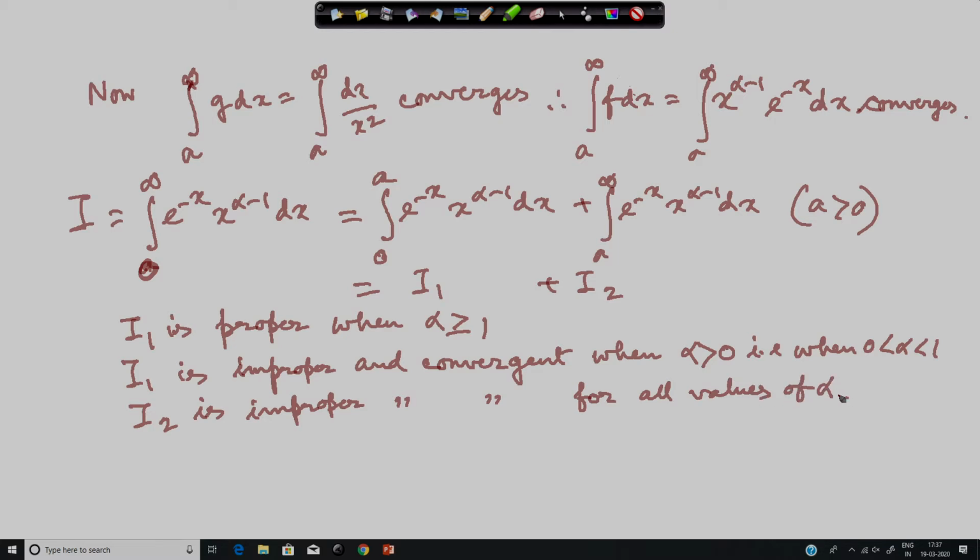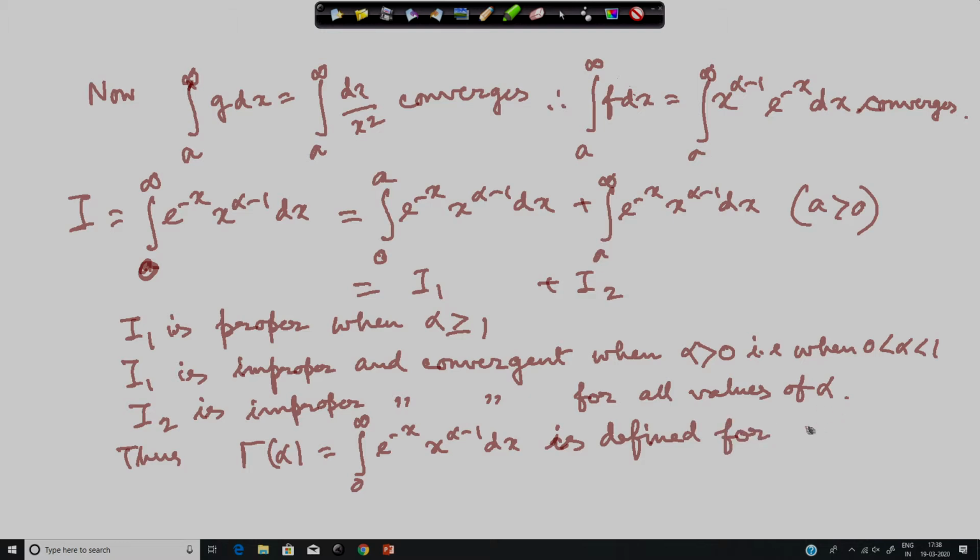So, combining these two cases, we can say that gamma alpha, which is of the form integral from 0 to infinity of e to the power minus x, x to the power alpha minus 1 dx, is defined for alpha greater than 0.